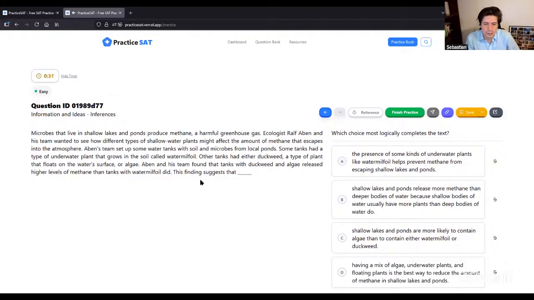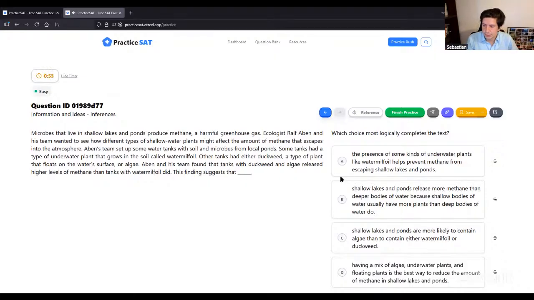Other tanks had either duckweed, a type of plant that floats on the water surface, or algae. Aben and his team found that tanks with duckweed and algae released higher levels of methane than tanks with water milfoil did. This finding suggests A, the presence of some kinds of underwater plants like water milfoil help prevent methane from escaping shallow lakes and ponds.